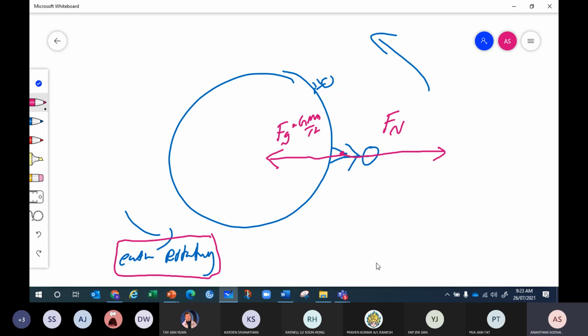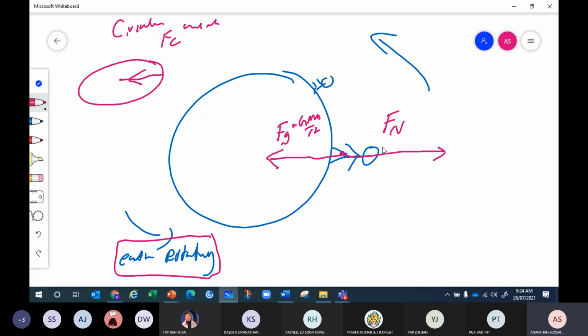Everyone agrees it should be an unbalanced force because it's rotating. From circular motion knowledge, anything that rotates in a circular path is definitely acted upon by an unbalanced force, where the net force is acting towards the center of the circular path. That net force is called centripetal force.